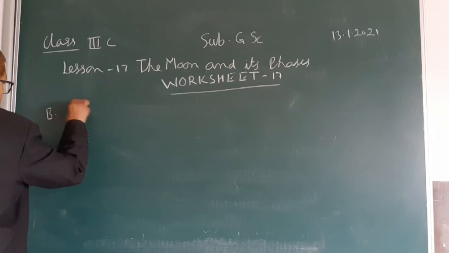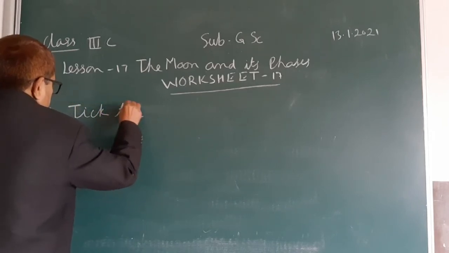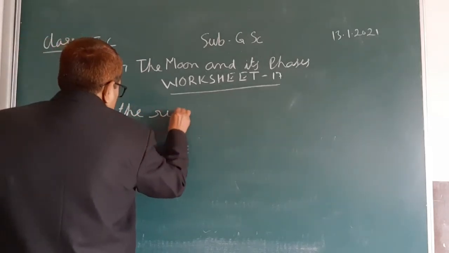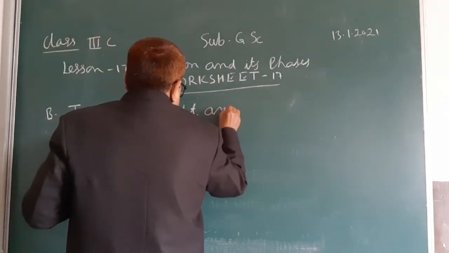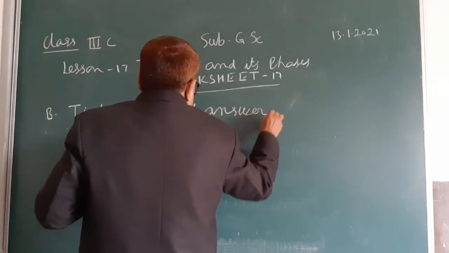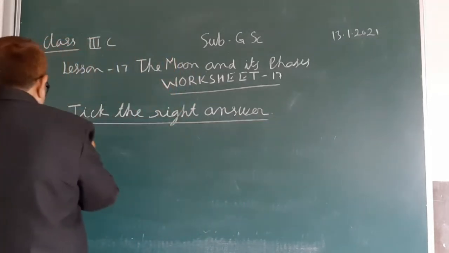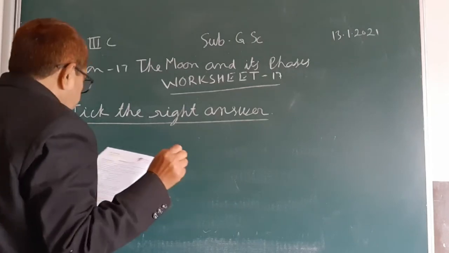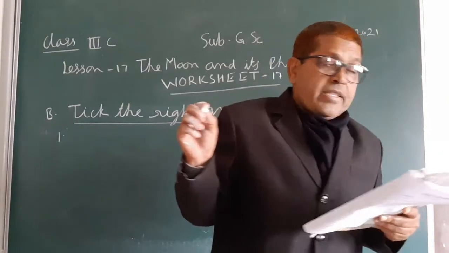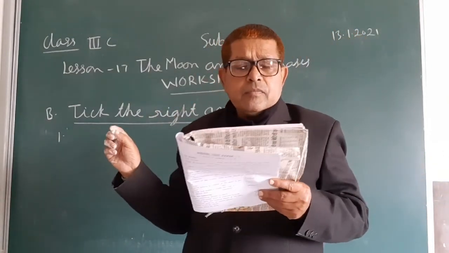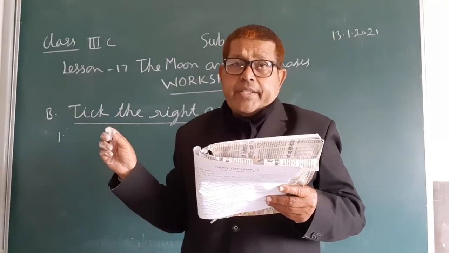B. Tick the right answer. So first, the moon is smaller or bigger than the earth.